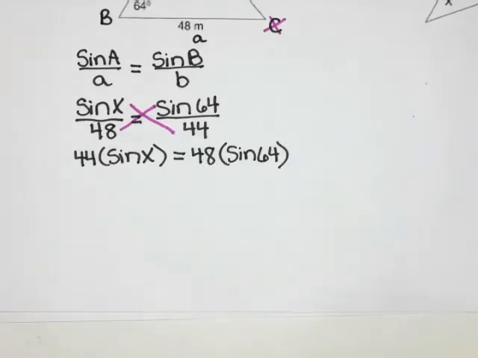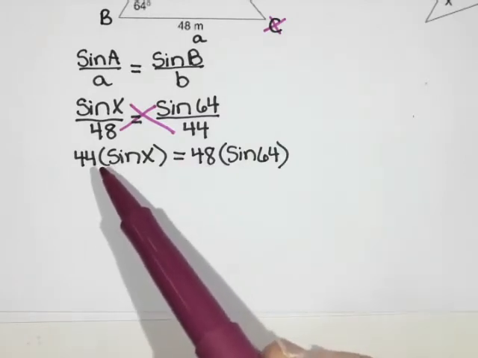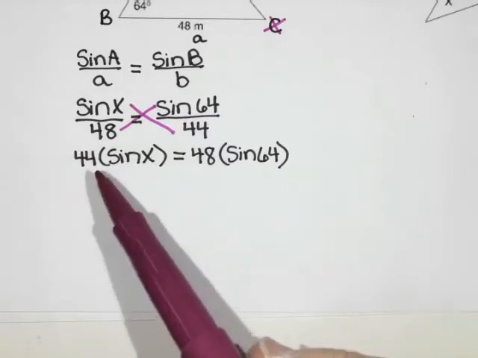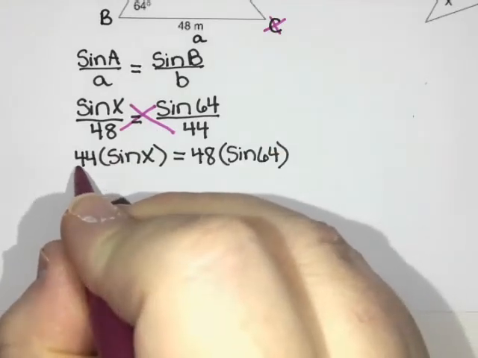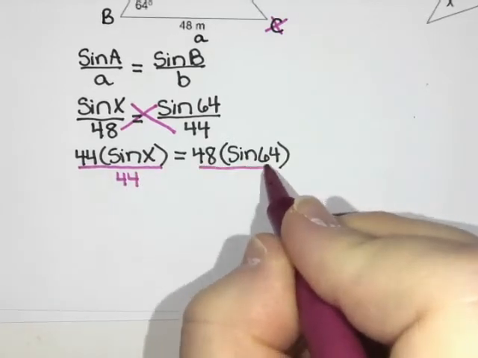I'm going to do one other step first before that. On this side, I have 44 times sine of x. This is not sine of 44. This is 44 times sine of x. So I can move that 44 to the other side by dividing by 44.